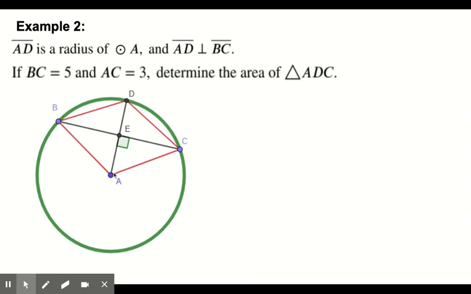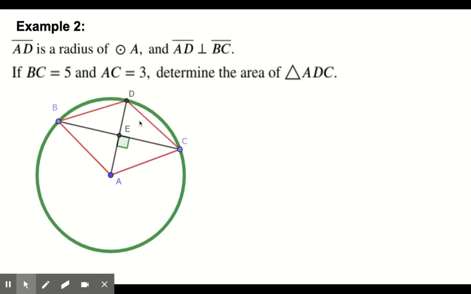I know that AD is the radius of circle A, and AD, that same radius, is perpendicular to the chord BC. So those are my gray lines here. If I know that BC, this whole chord, is 5 and AC is 3, I need to find the area of ADC.